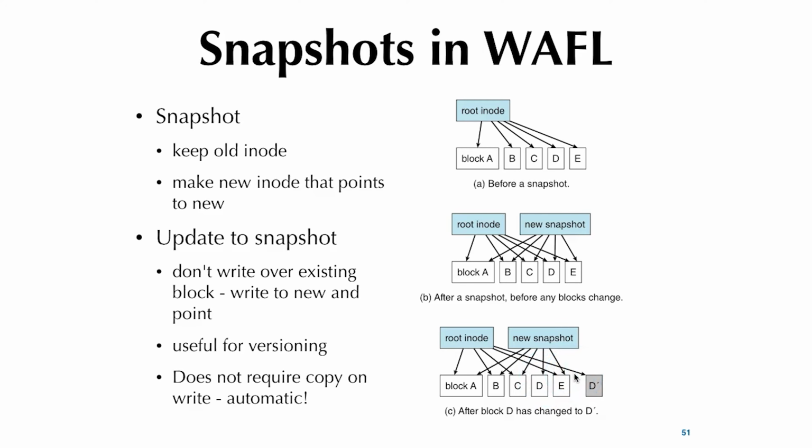Well, the old block D is still pointed to by the old one. And the new one is created, and so the new snapshot points to the new D instead of the old D. So that way it's almost like versioning. You have a new version of your file, but does it take up double the space? No, it actually reuses as much of the same space as before.